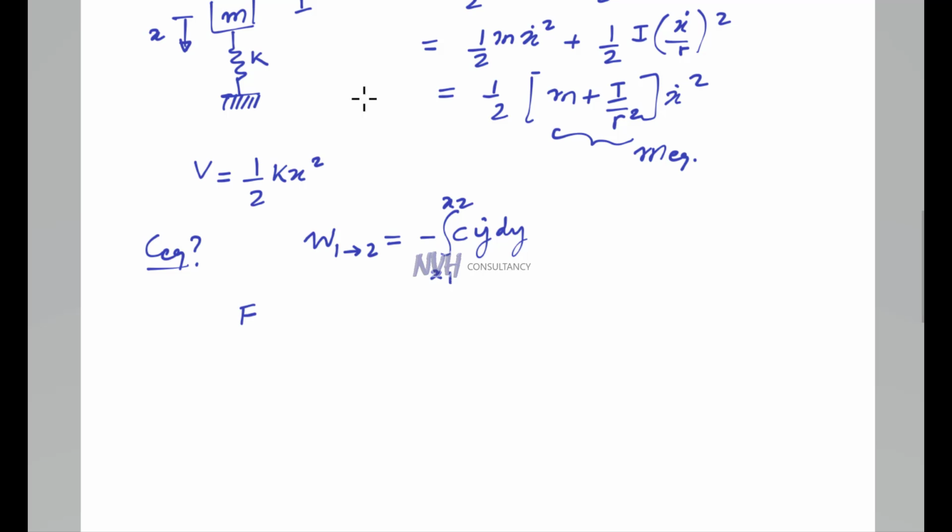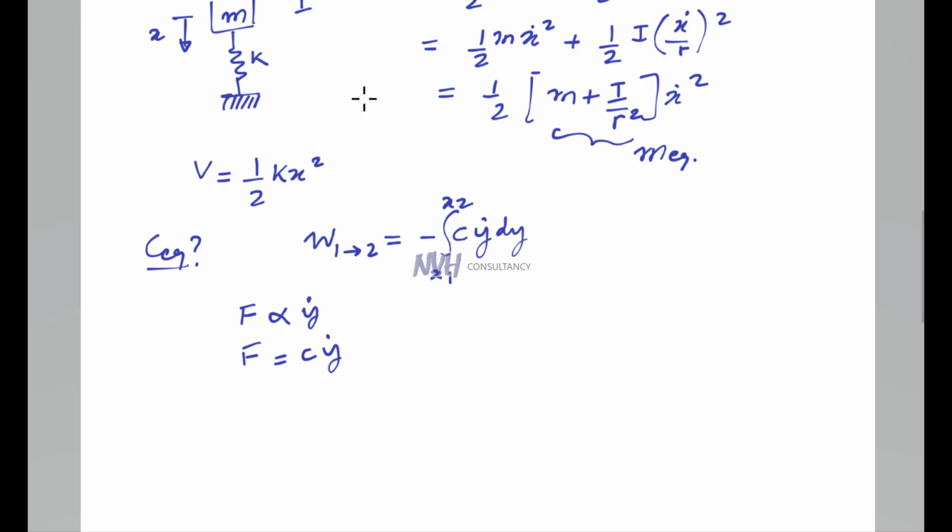The damping force is proportional to the velocity, so velocity, let's say, is y dot. If you remove the proportionality sign, you come up with c y dot. So the force times the displacement, that is dy, will give us the work done from state 1 to state 2. Why is there a minus sign over here? The negative sign indicates that the work is lost, or in the damping the heat is dissipated, so that's why you have got a negative sign.